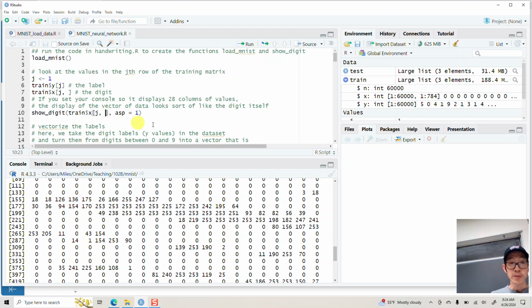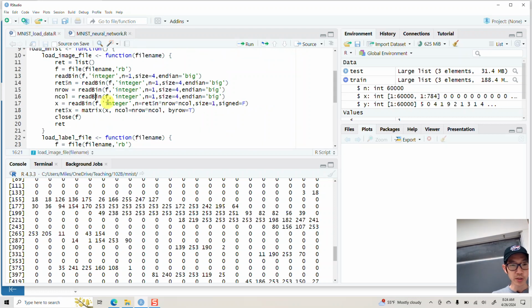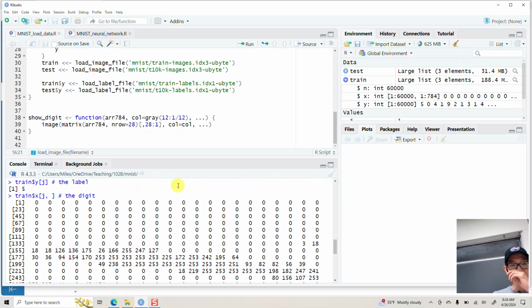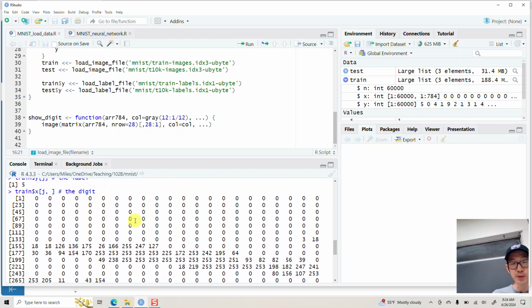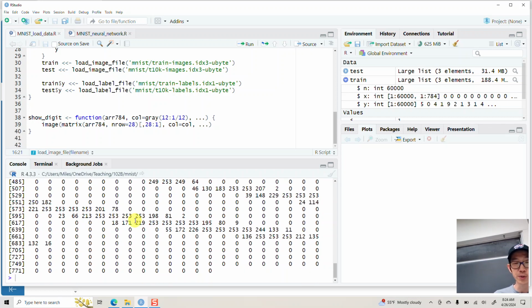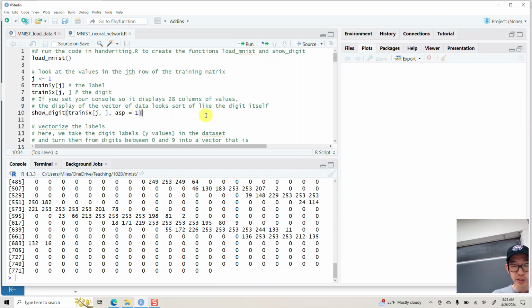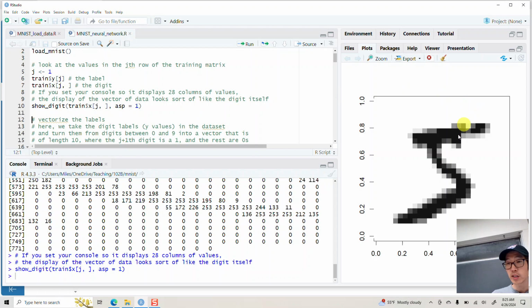I have another script here, a little function that takes the vector of 784 values, arranges it into a 28 by 28 grid, and creates a plot of the resulting grid. I'll run that, and this is what the image looks like. And we can say, sure, that looks like the number 5.